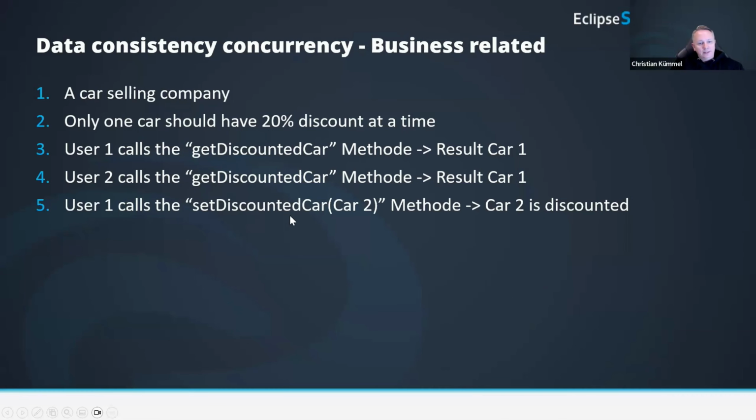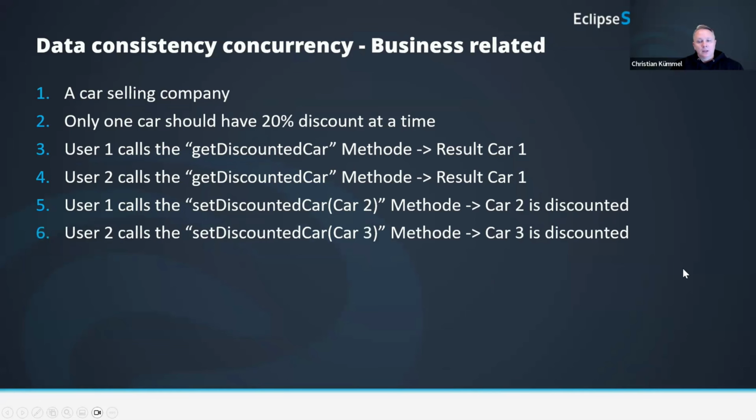Then user 1 calls set discounted car with car 2, so car 2 is the discounted car. At this point, car 1 is discounted and car 2 is discounted. Then user 2 calls set discounted car with car 3.